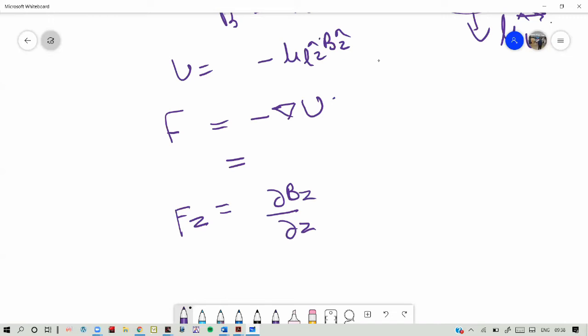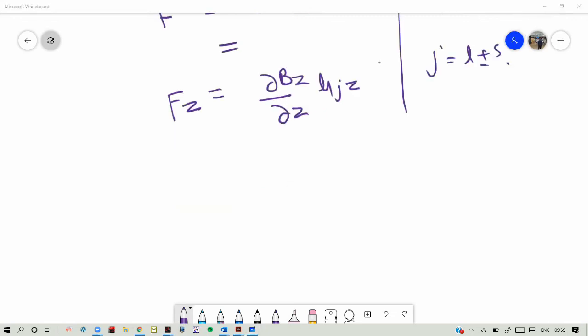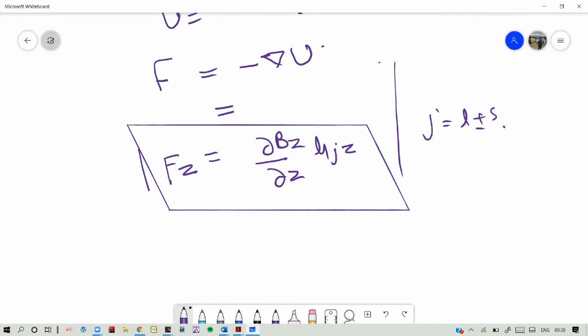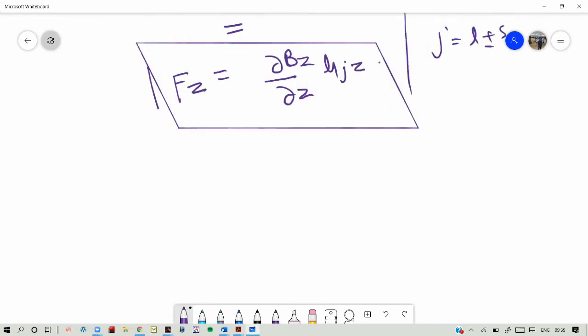I write z because J will be L plus or minus S, since the atomic magnetic moment is the total magnetic moment of that atom, depending upon the orientation of S. This is the rate of change of field, because we have a non-uniform magnetic field, so it has a gradient along the direction.